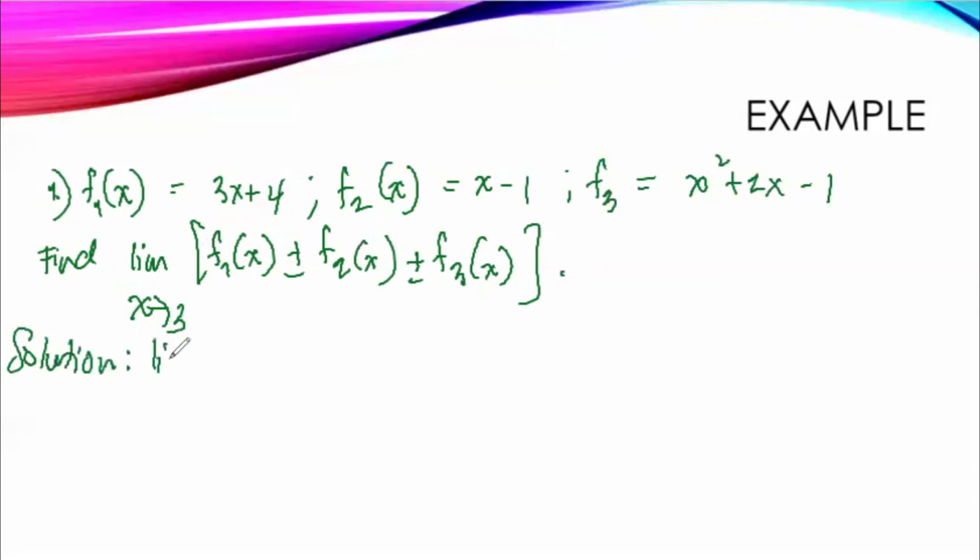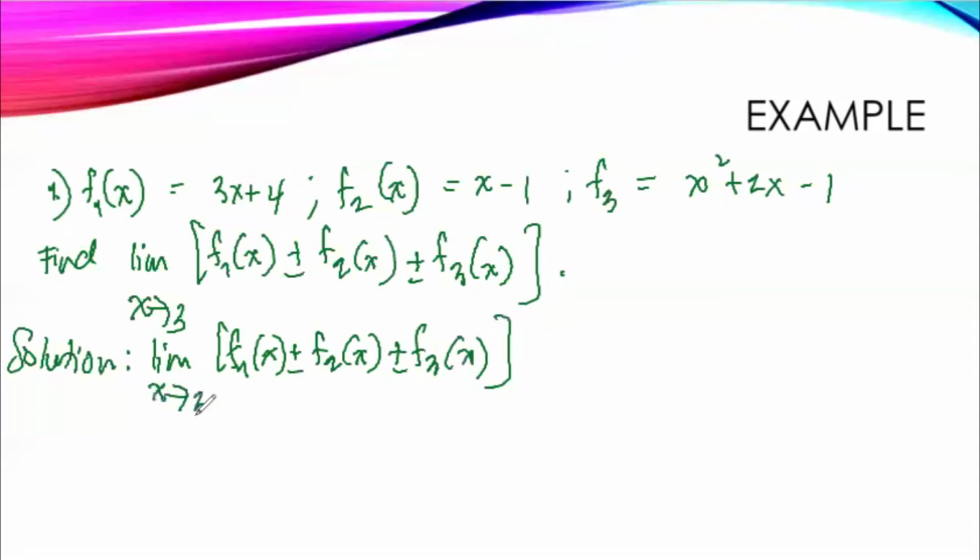Limit. So limit of f sub 1 of x. So we have to write it step by step: f sub 2 of x plus or minus f sub 3 of x as x approaches 3.